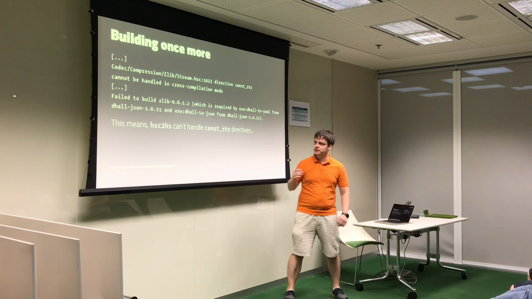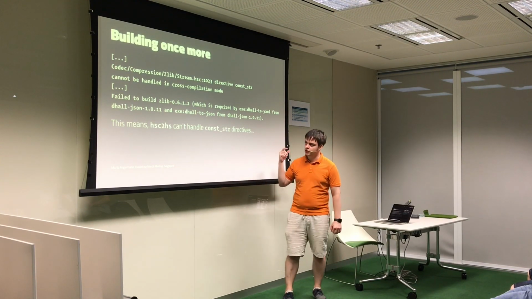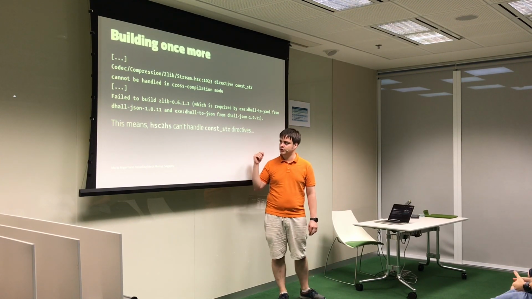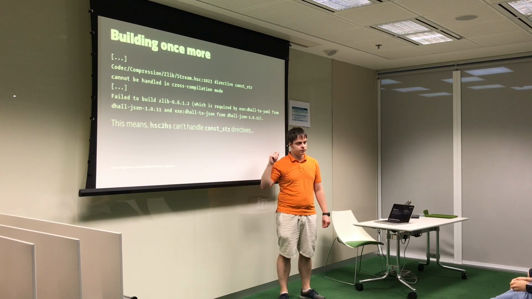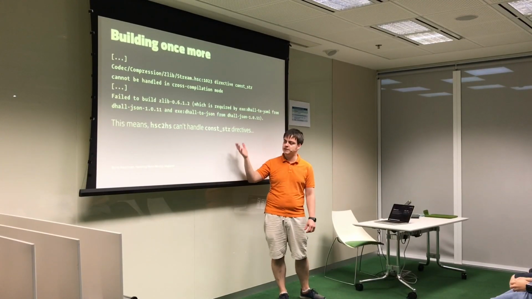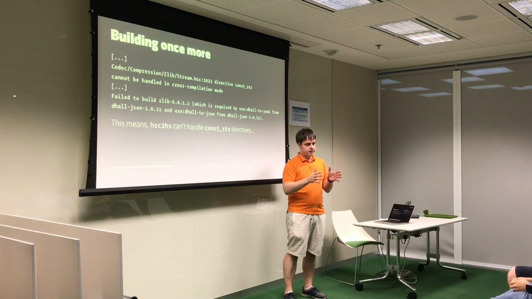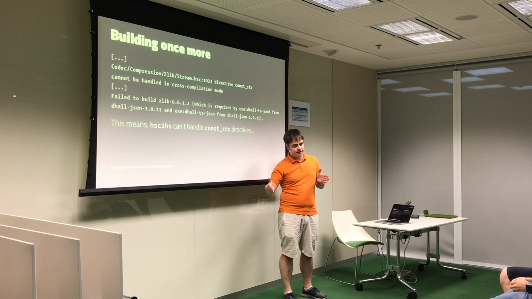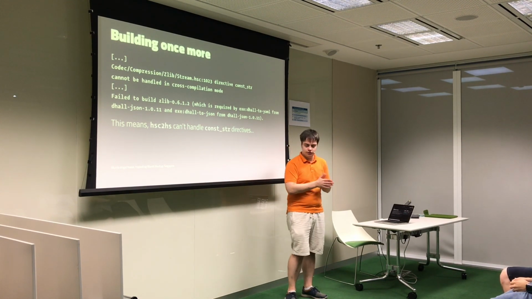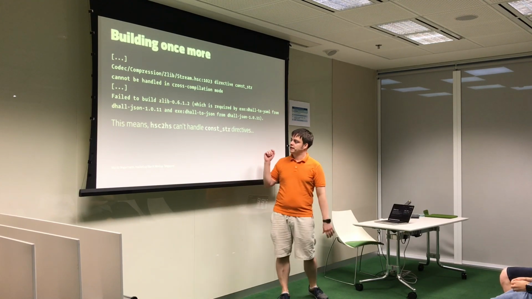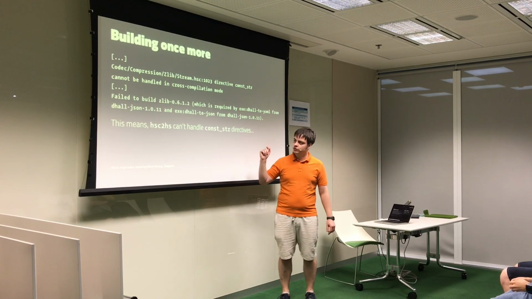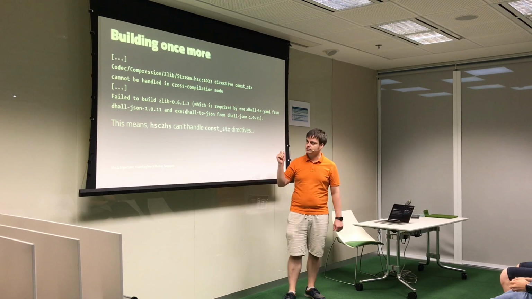Well, maybe these days we actually could, but so far hsc2hs could not use constant strings. It basically means you have a constant string expression that you try to evaluate at compile time and then embed into your Haskell program. And that's not supported in cross-compilation mode.